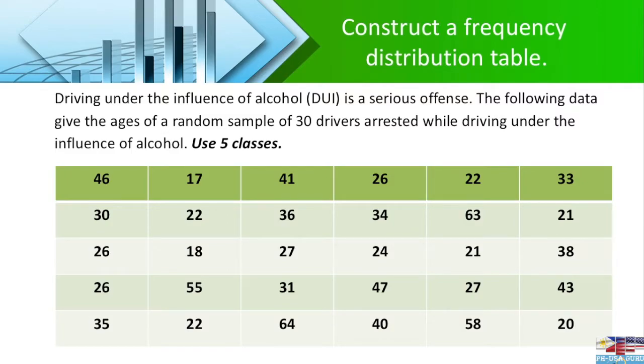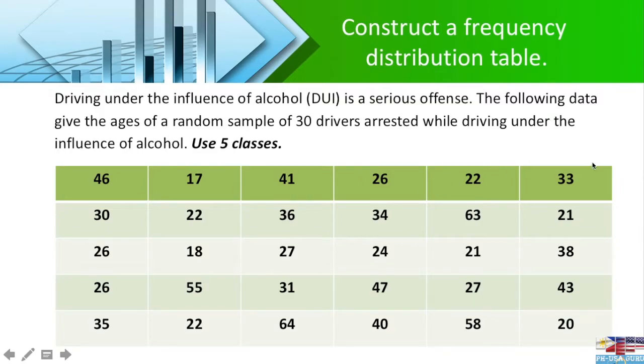The 5 classes is given, and that is our K. So, to construct a frequency distribution table, let us find the highest age and the lowest age in the given data. As you can see, we have 46, 30, and so on. If you check the ages, the highest age is 64 and the lowest age is 17.